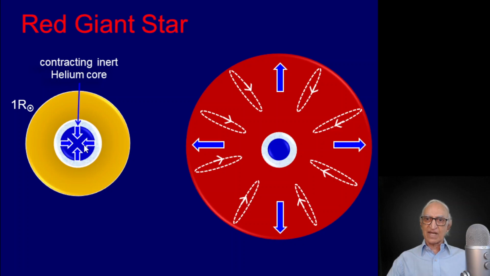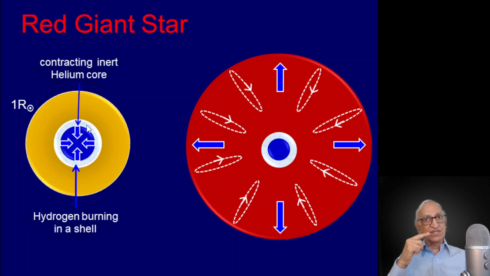Around the helium core, there is hydrogen, the rest of the star is hydrogen, and the temperature is high enough to convert hydrogen to helium. So hydrogen is being continually converted to helium, even as the mass of the inert helium core increases.